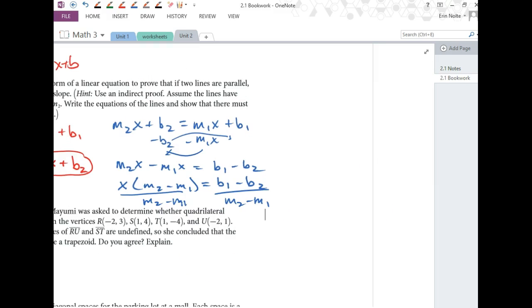Okay, so all of this algebra has just proved that the x value is b sub 1 minus b sub 2 over m sub 2 minus m sub 1. Whoops, I just dotted my 1. Awesome. What the heck did that just tell me? Why did I do that?